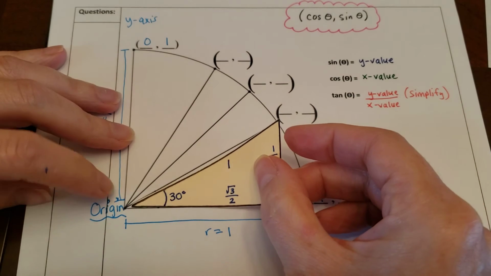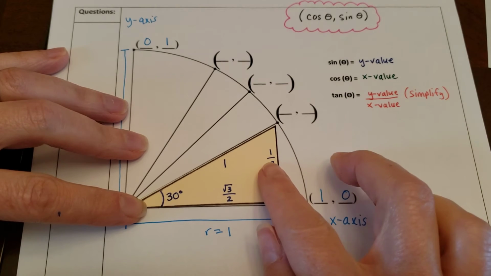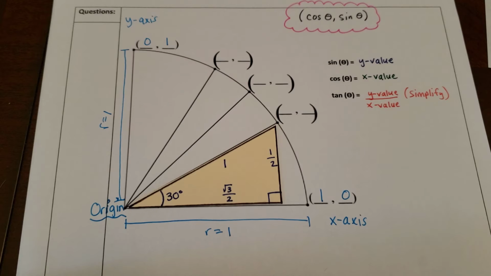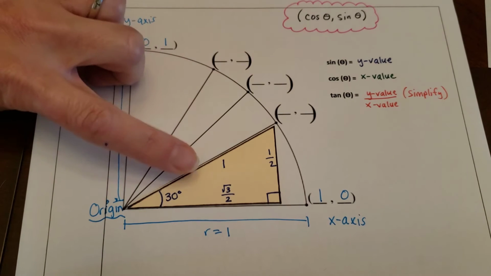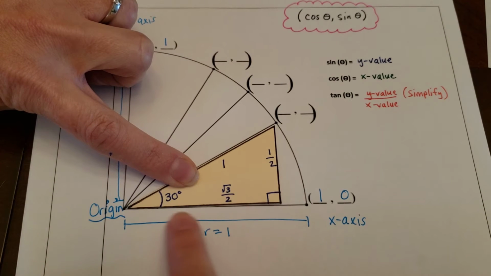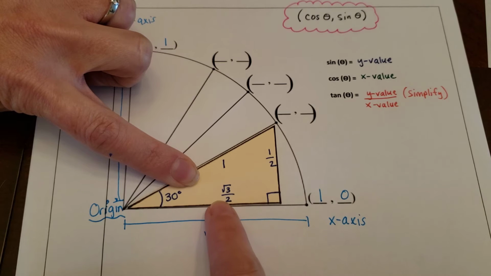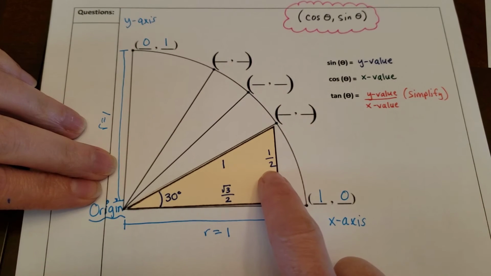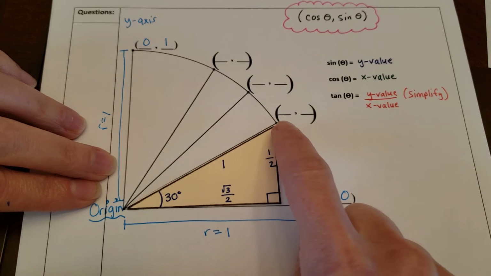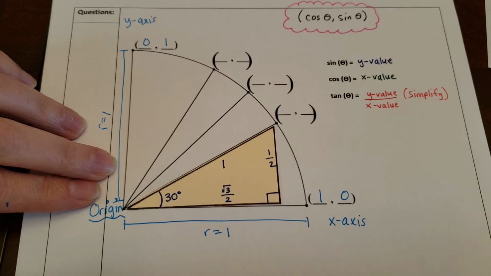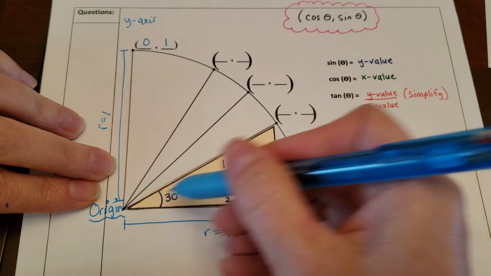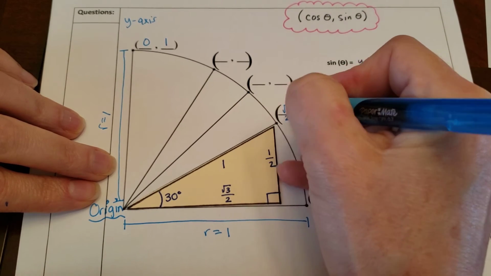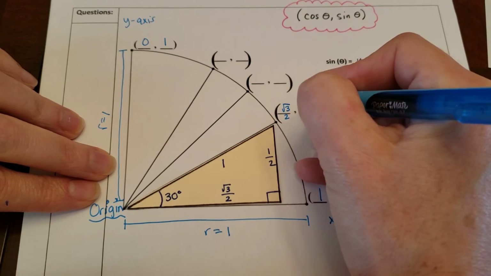If I take my 30-degree triangle, the same one that we did on the front page, I could figure out this ordered pair by going this distance on the x, which we know is radical 3 over 2, and then going up the distance on the y, which is 1/2. So this ordered pair is radical 3 over 2, because we went over radical 3 over 2, and we went up 1/2.